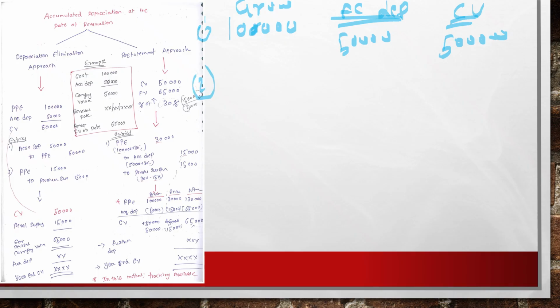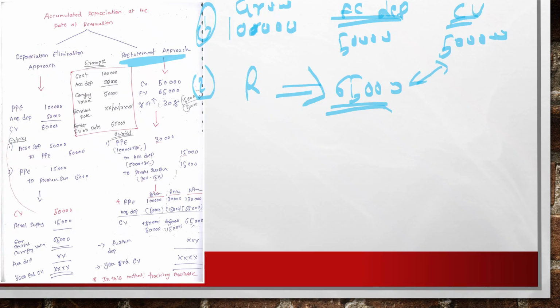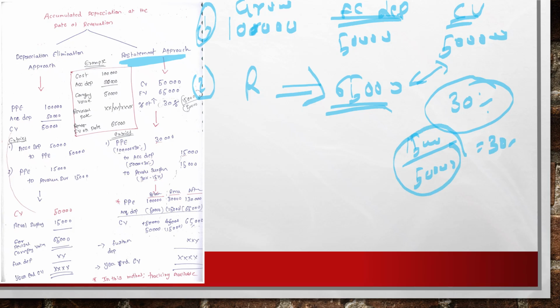But the revalued amount is 65,000. In this situation, in the restatement approach, you just calculate the percentage of the increase between the carrying value and the revalued amount. So the percentage is 30% here because it increased 15,000 on 50,000 carrying value. So 30% is the increased value. So you just increase the entire class, the entire group.